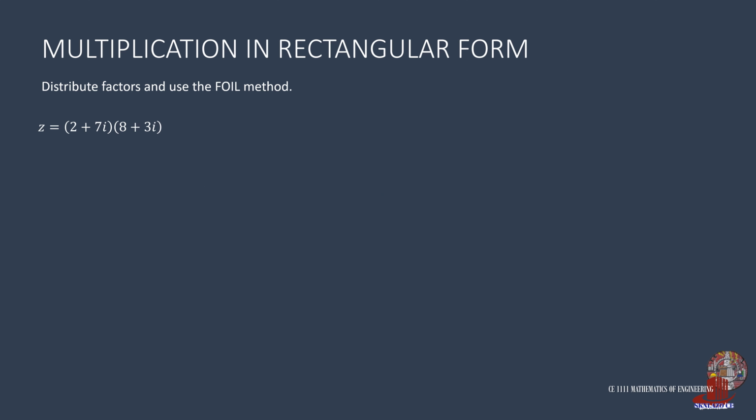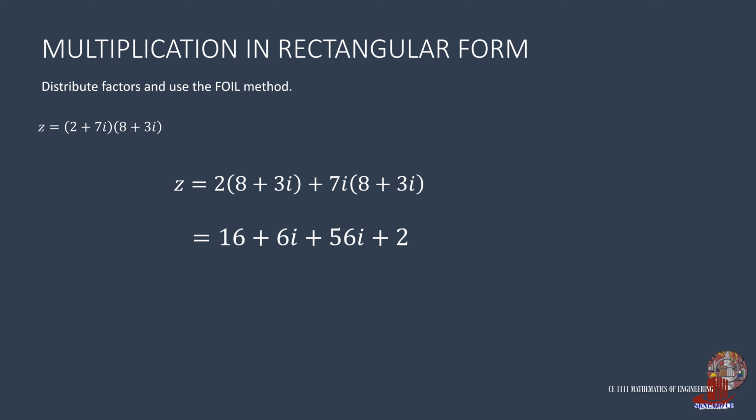Another set for practice is the quantity 2 plus 7i multiplied by the other quantity 8 plus 3i. Distribute terms of the first complex number and get 2 times the quantity of 8 plus 3i plus 7i times the same quantity.